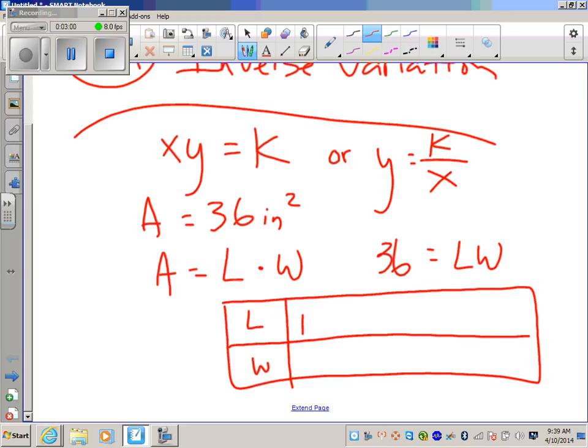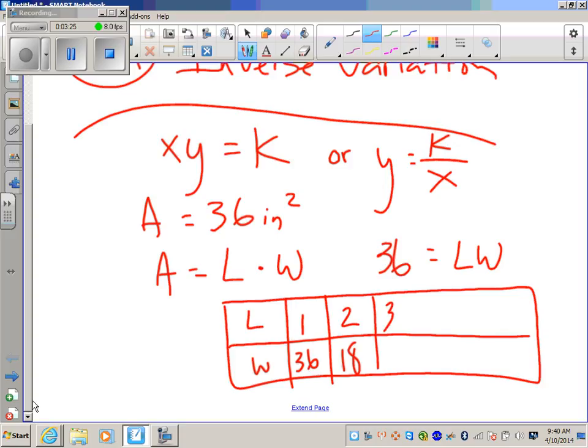So if my length is 1, what's my width? 36. Because 1 times 36 gives me the area of 36. How about 2? If my length goes up to 2, what happens to my width? Down to what? 18.